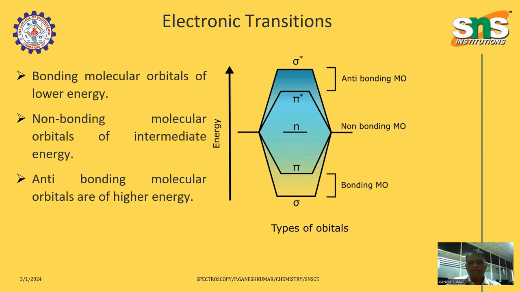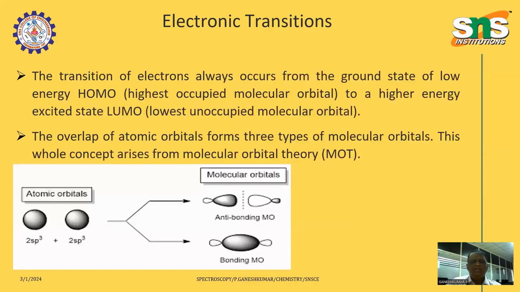The lowest one we represent as bonding molecular orbital. The highest one, the star, indicates anti-bonding molecular orbital. In the middle, n is a non-bonding orbital. Here, the lowest unoccupied orbital is represented as LUMO, that means lowest unoccupied molecular orbital, and HOMO, which is highest occupied molecular orbital.